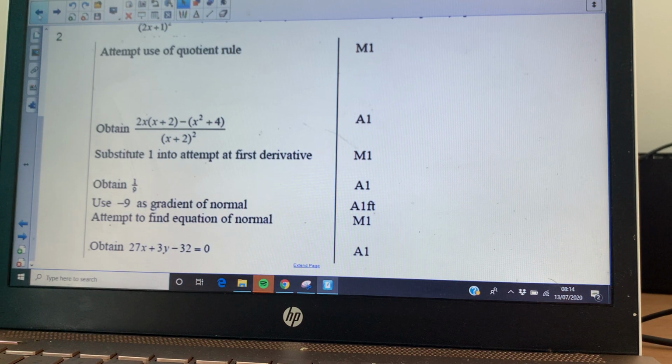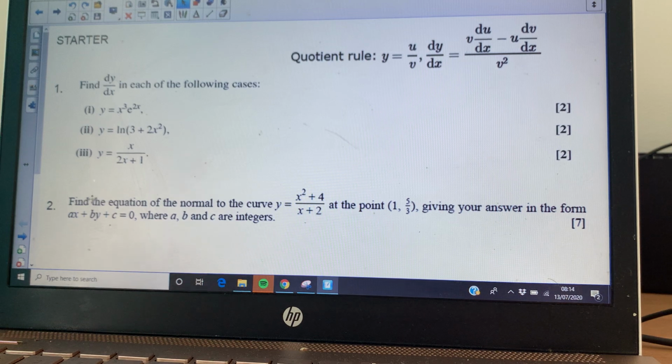Now, in your new A-level, because it says find, that means that you could, in theory, differentiate this on your calculator. You could put that in your calc to find dy/dx and substitute x equals 1 in. Now, it's unlikely that it's going to say that in your new A-level.